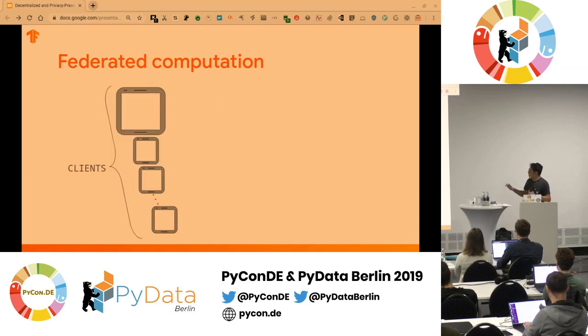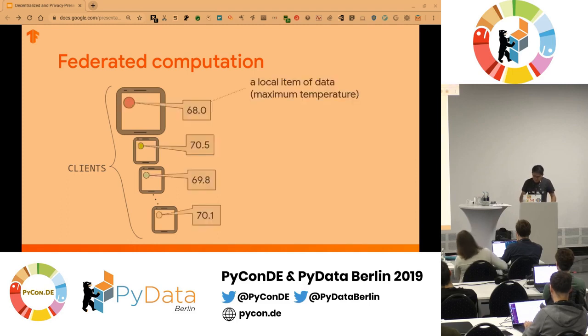So this is a repetition of what I already talked about. Let's say you have a bunch of clients, but this is simpler at this point. There are no models, nothing. Let's say each device has its own data. In this case, these are sensors or devices that keep track of temperatures of a day, right?